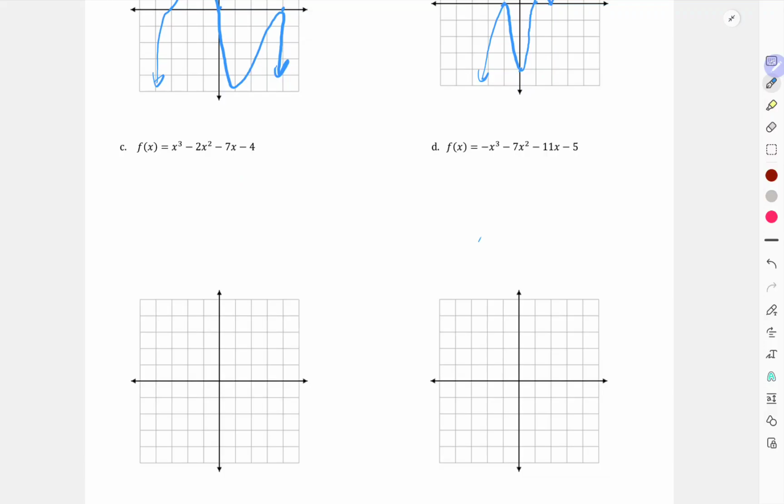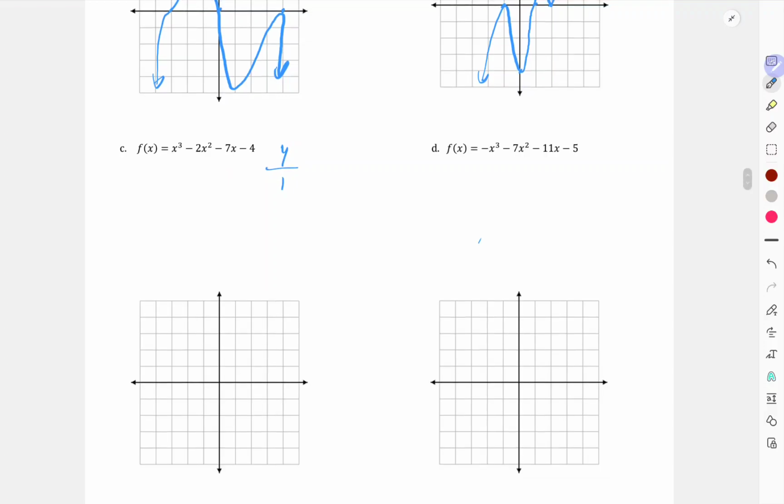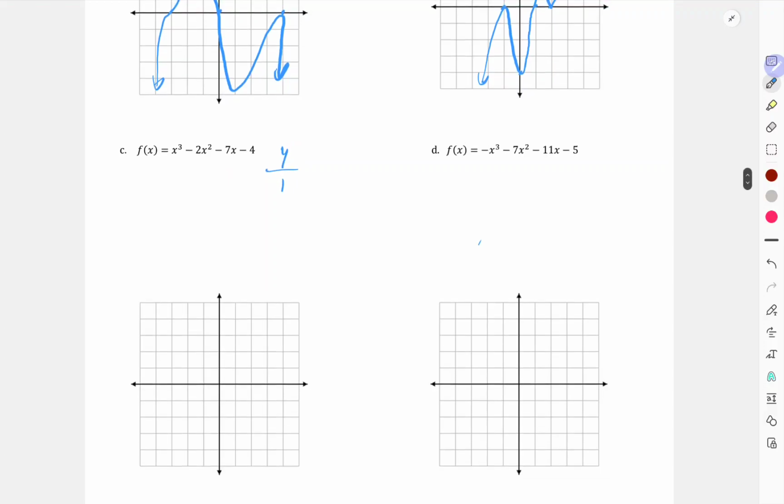Now, you have to factor these ones. Oh boy. These ones are a bit tricky because you have to factor them. For this one, honestly, I would just do the rational root theorem, constant over leading coefficient.